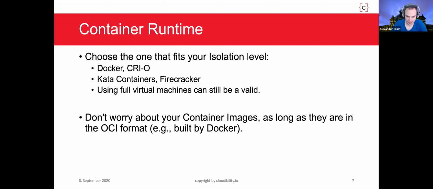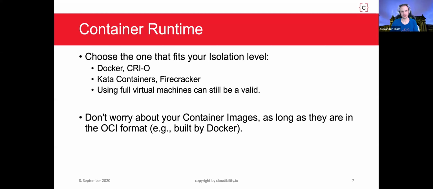From a Kubernetes runtime perspective, there's Docker, there's CRI-O, there's a bunch more. I just listed those two as, from my perspective, the most common ones. Containerd is also one of the more common ones, but also Kata Containers and Firecracker.